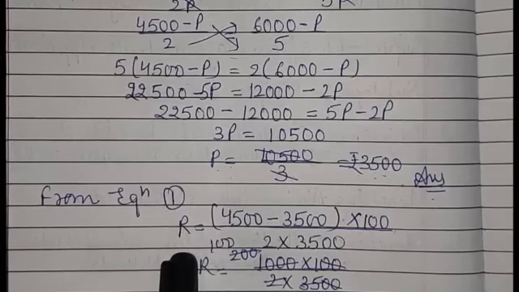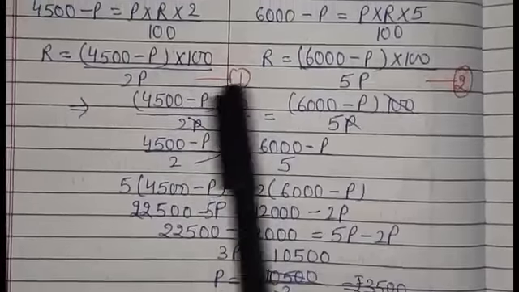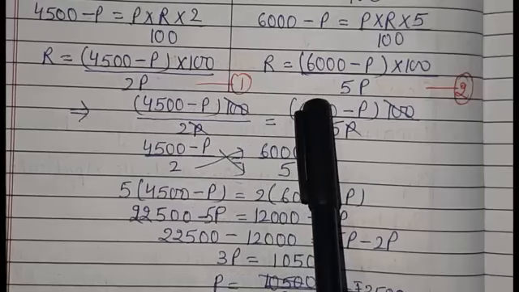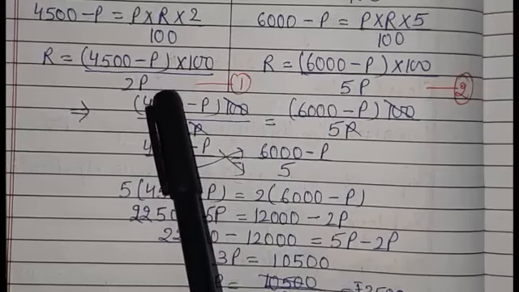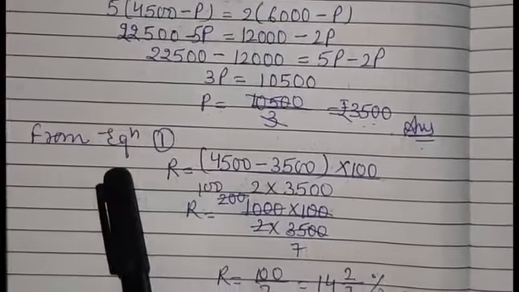Now we have to calculate rate of interest. So from these two equations, right, we can use any one of them. So I am using equation number 1. Put value of P in equation number 1.